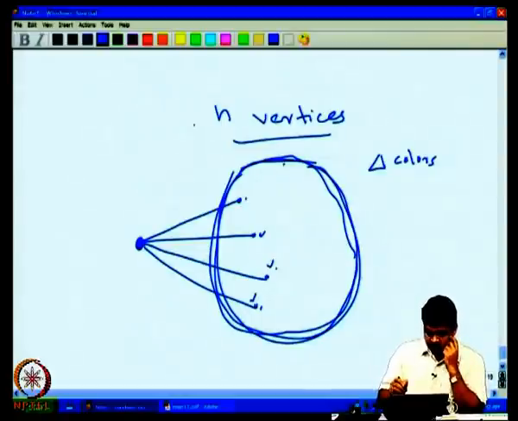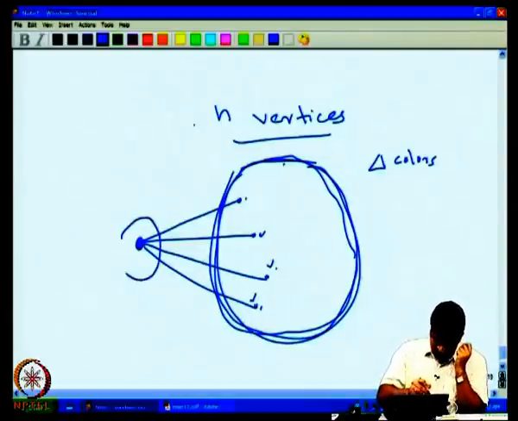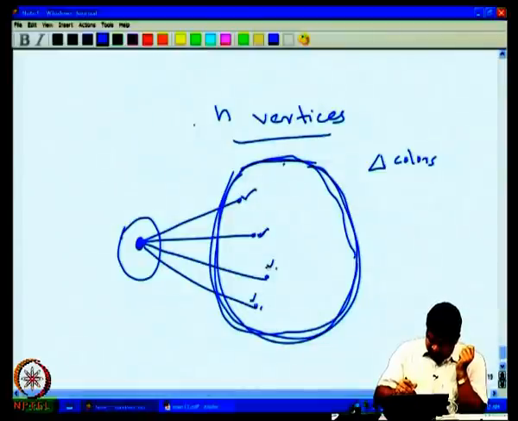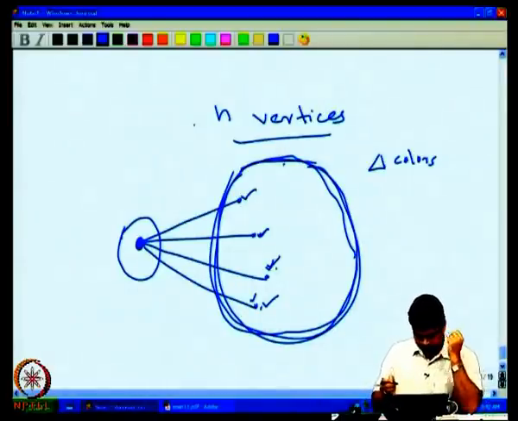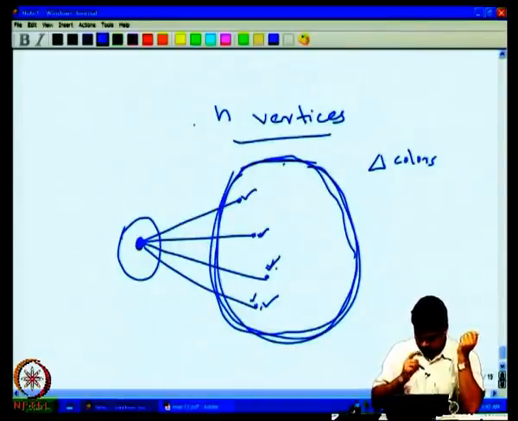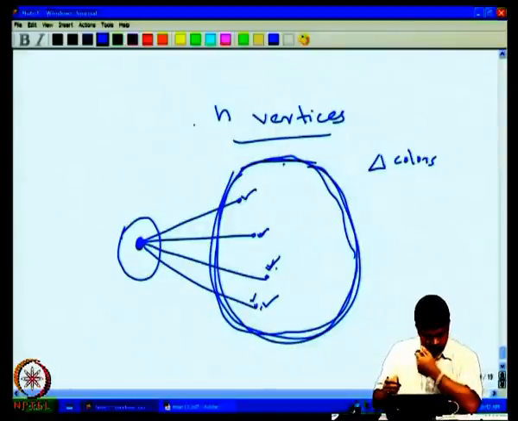As far as the original graph is concerned, if this was not a delta degree vertex, it will see only delta minus 1 colors here, and so it can be colored using so many delta colors, right.